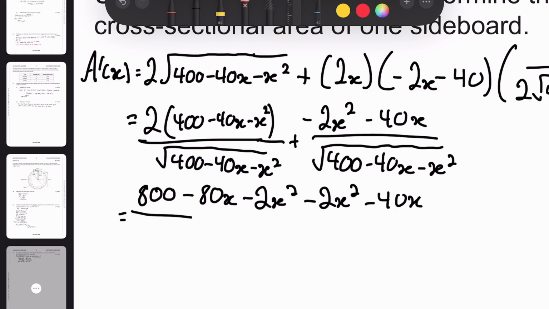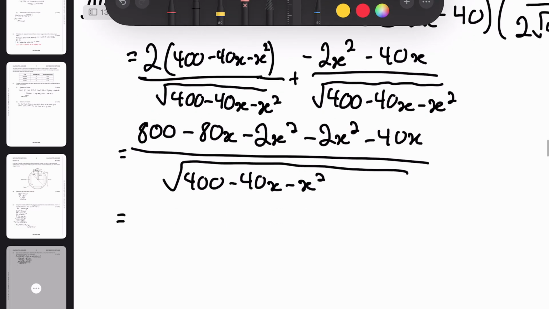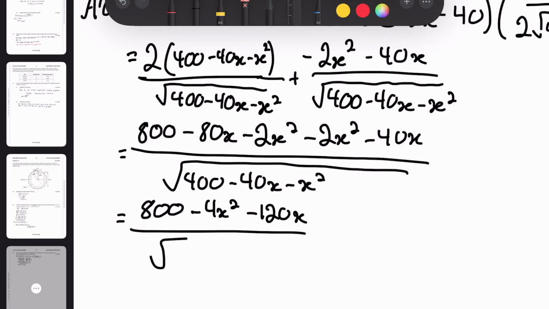Okay, then everything will be over the same denominator. Then we can just collect like terms. So we have 800 minus 2x squared, or 4x squared minus 120x over this.